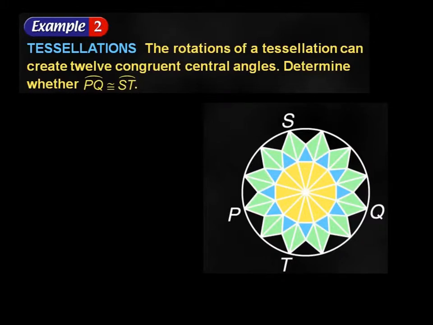The rotations of a tessellation can create 12 congruent central angles.